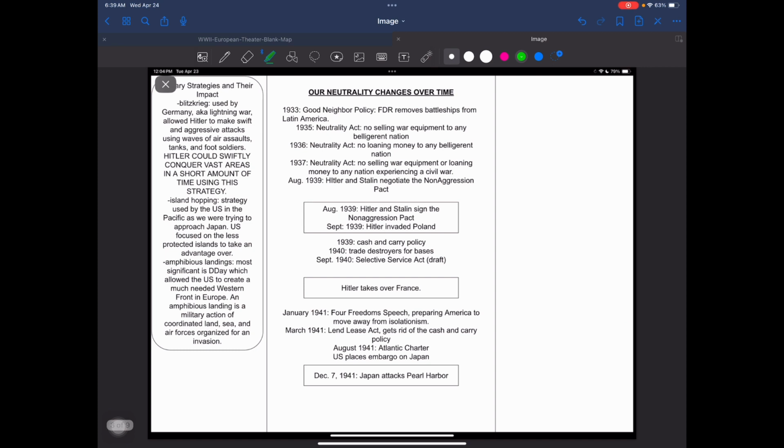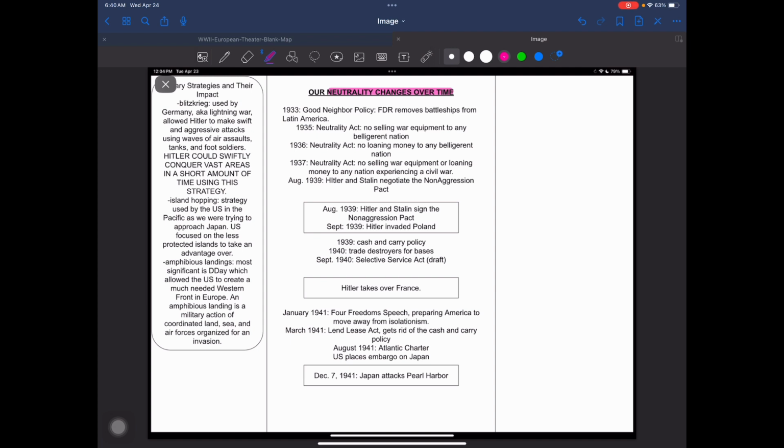Over here, this whole page right here, there's a lot of stuff here. You've got to understand how America goes from being very, very neutral, to we are adamant that we are not going to be involved in this conflict in Europe, to where we start to realize, okay, we may need to do a little something to help our friends, specifically Britain, to the point to where we are almost fully involved in this war, especially with producing weapons and things.